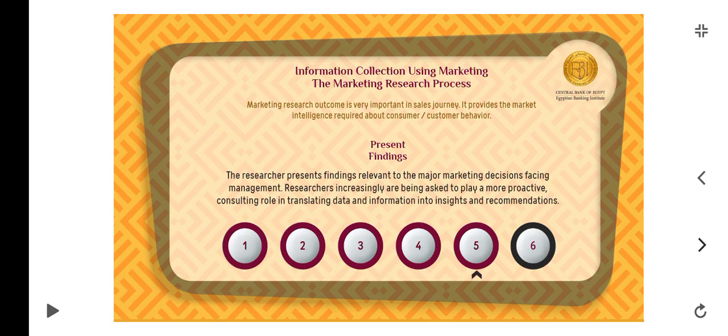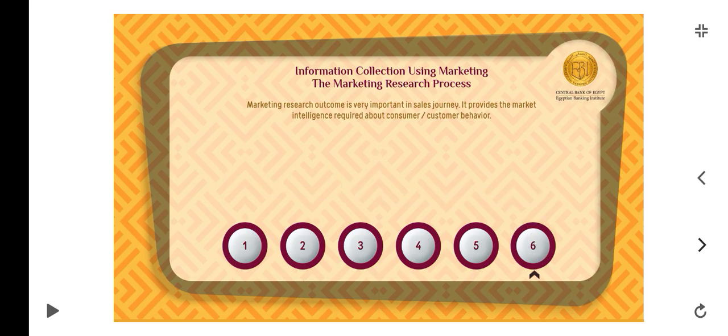The researcher presents findings relevant to the major marketing decisions facing management. Researchers increasingly are being asked to play a more proactive consulting role in translating data and information into insights and recommendations. Step 6. Make decision. Marketing research helps to reduce the uncertainty surrounding the decisions to be made.